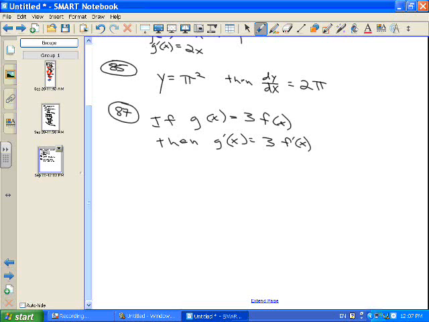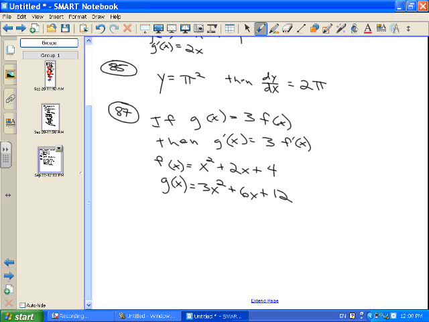Let's say that f of x is x squared plus 2x plus 4. So what's g of x going to be? 3 times that. Yep, so 3x squared plus 6x plus 12.